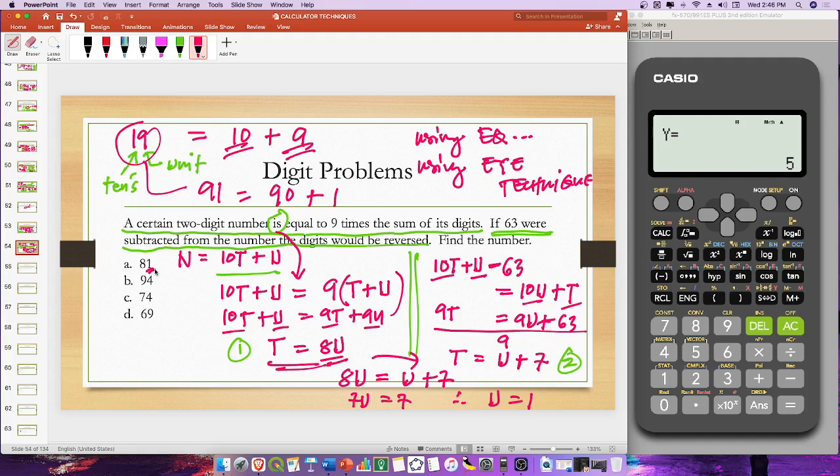So u equals 1, but let's try to solve for t. Using that equation, t is equal to 8. Now the number is 10 times t, which is 8, plus u, that becomes 81. So this is the number.